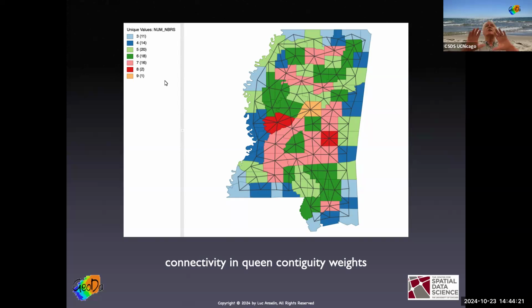And then superimposed on that, we draw the network structure, the graph of the neighbor connections. So in the weights matrix, this one here in the middle has 9 neighbors. That means there should be 9 lines connecting that centroid with the centroid of the neighbors based on contiguity.